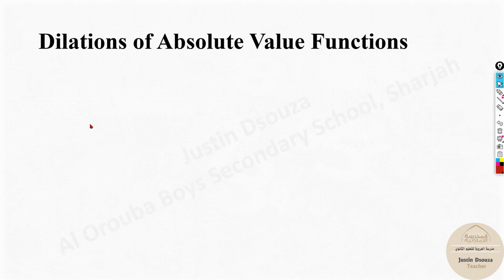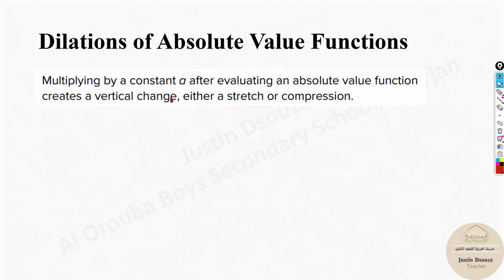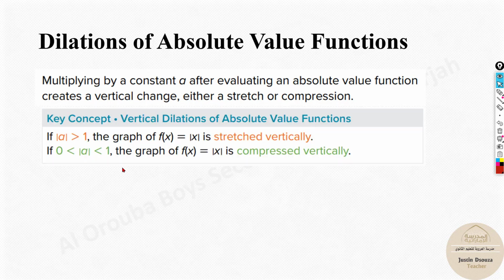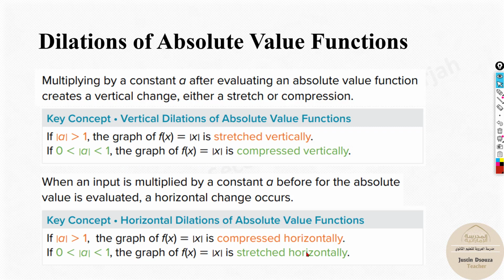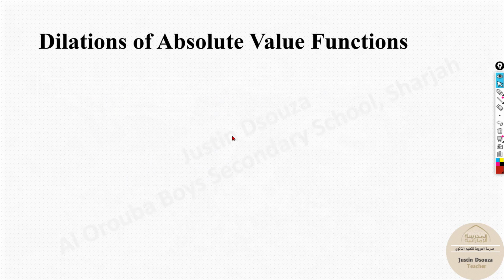Now, what about dilations? We have learned a bit of dilations before. Dilation is basically a change. It's not going to move right, up, or down. It will just change the graph, how it is situated. Now, we will see over here, there are 4 important things. What I'll do is give you examples over here.